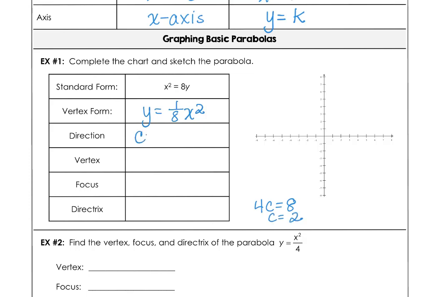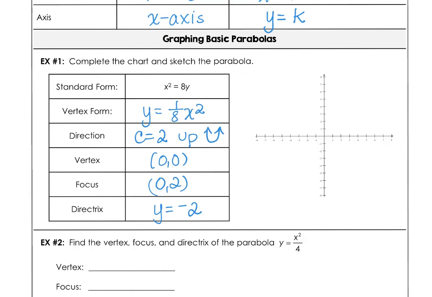So if c is 2, that's positive, then our parabola is going to be an upward facing parabola in this case. The vertex is at the origin, and the focus is 2 units up. So the vertex is at the origin, the focus is (0, 2), and y equals -2 is our directrix.